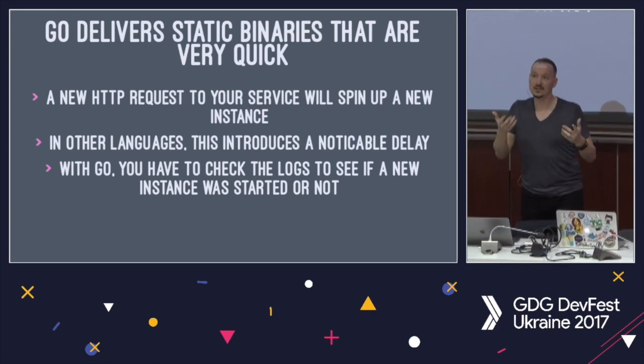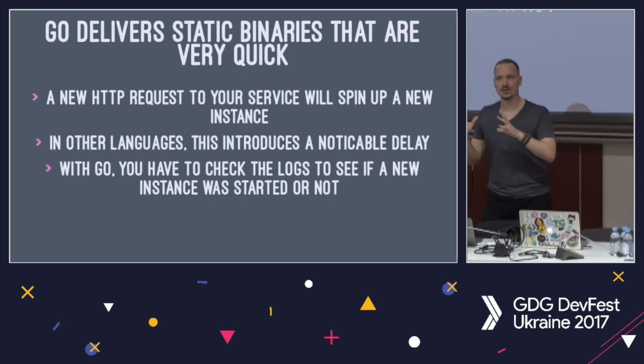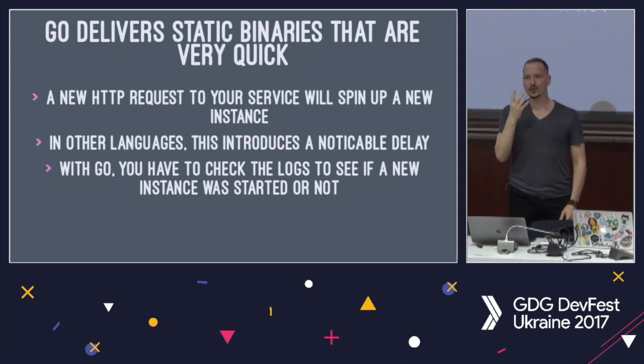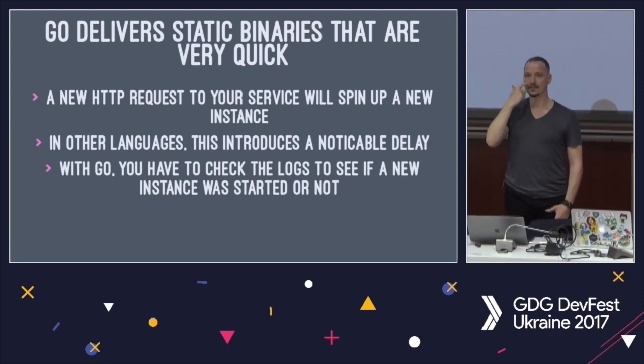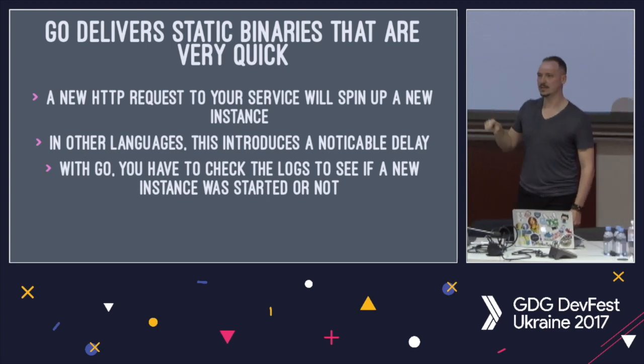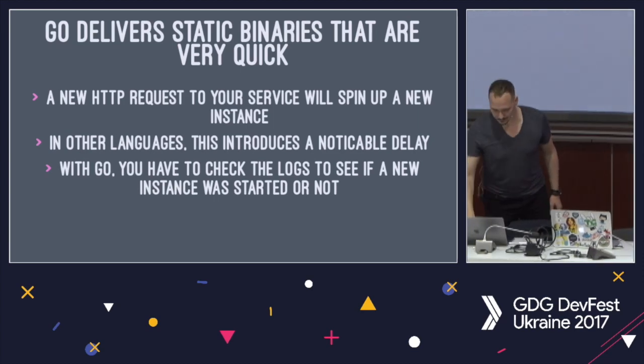And you can ask it to always keep one instance going, just to try and mitigate that. In Go, you cannot notice the delay. I don't notice it. I have to look in the logs to see, did this start a new instance? It tells you in there. But it's kind of cool.